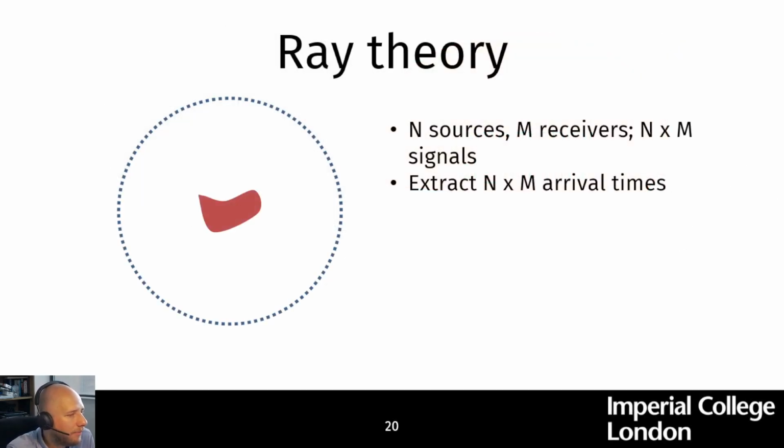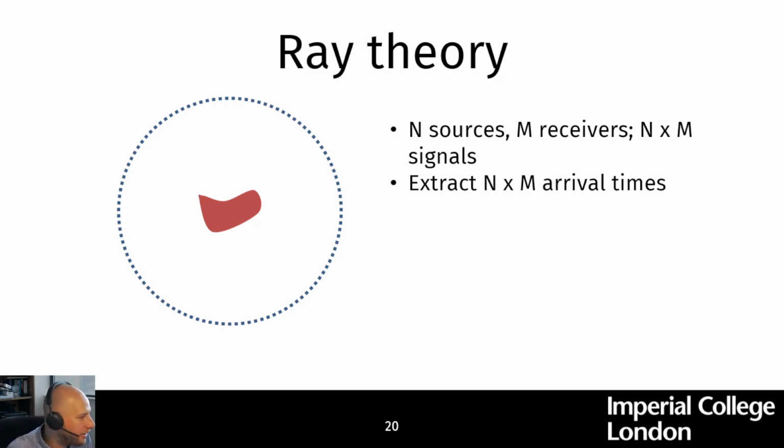So ray theory. Again, we've got this setup which you're very familiar with. You have n sources, m receivers. I think in the vast majority of cases, n is equal to m. I suppose I had both just to keep it a bit more general here. And we have what we call a full matrix capture.